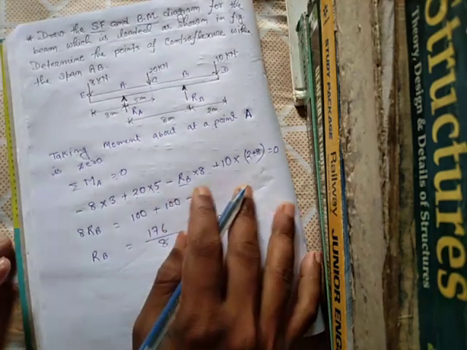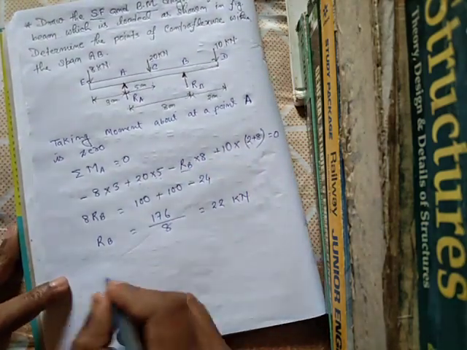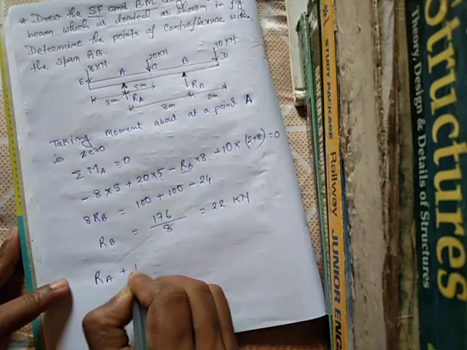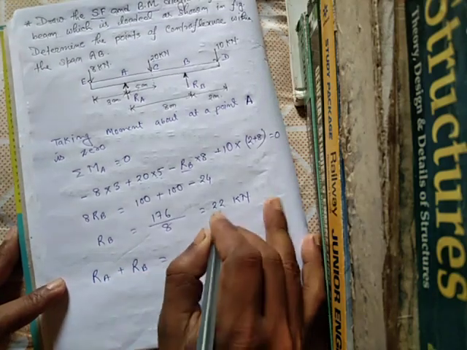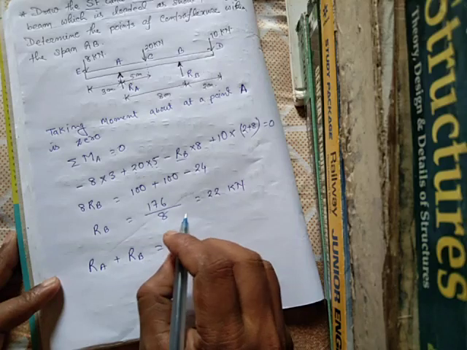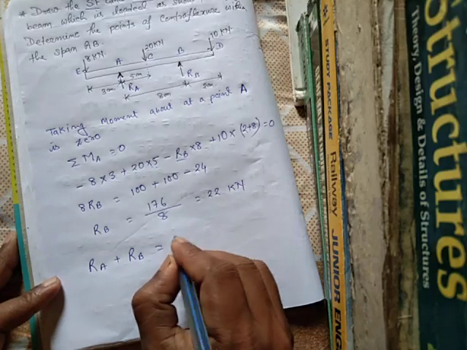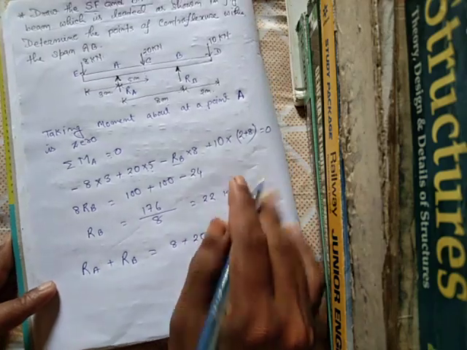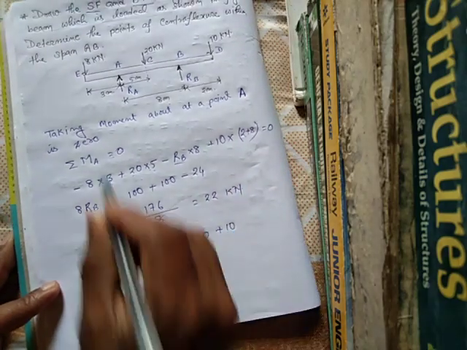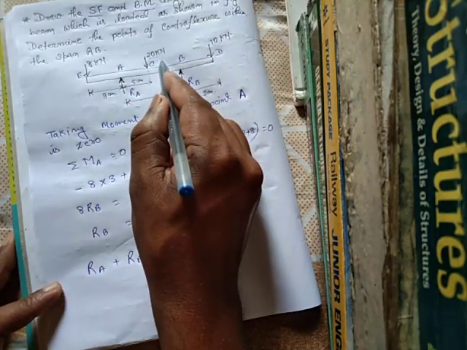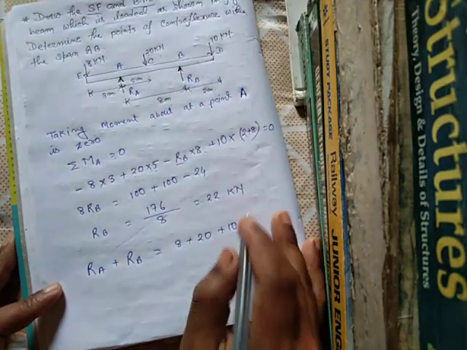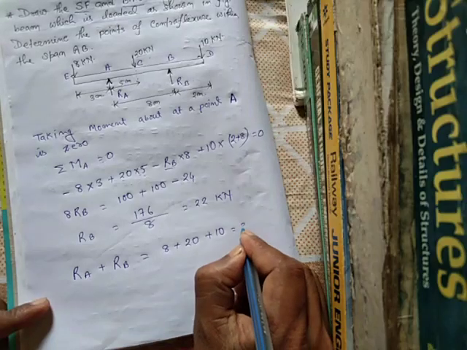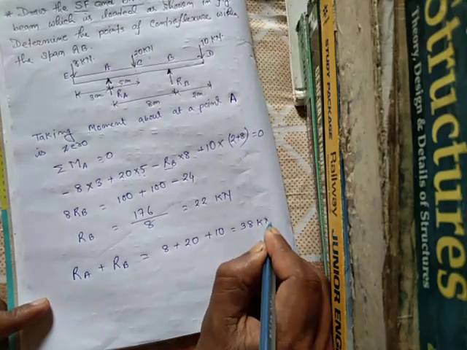Now find the reaction RA. We know reaction RA plus reaction RB equals the total load on the beam. The total load acting on the beam is 8 plus 20 plus 10, which equals 38 kilonewton.